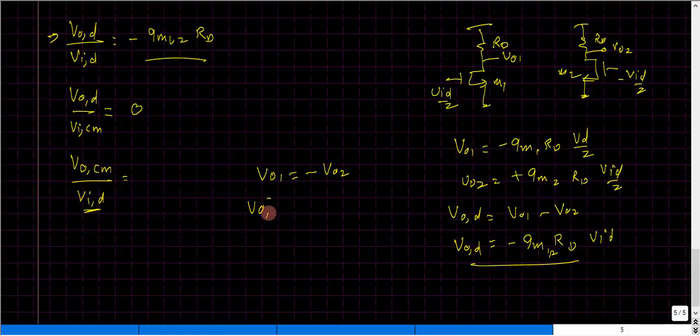When I compute the common mode output voltage, it is the average, VO1 plus VO2 divided by 2, and when we add these two values, it obviously goes to 0, and that leads to this expression being driven to 0 here. And the last combination is the common mode output voltage divided by the input common mode voltage.